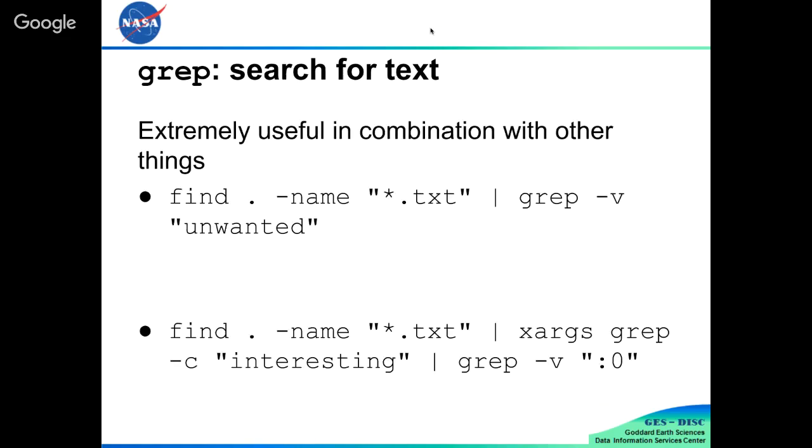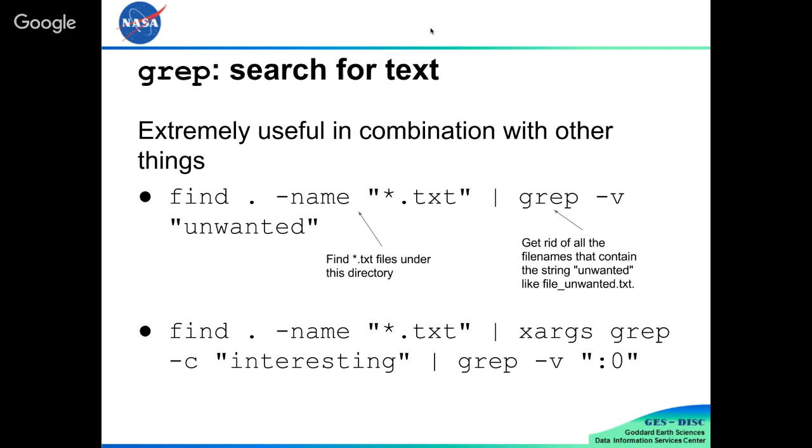So grep is really useful in combination with other things. In this first one, we're going to find all the files under this directory that are text files. So this find gives you the file names. And then we're going to grep -v, so get rid of all the file names that have the string unwanted in them.